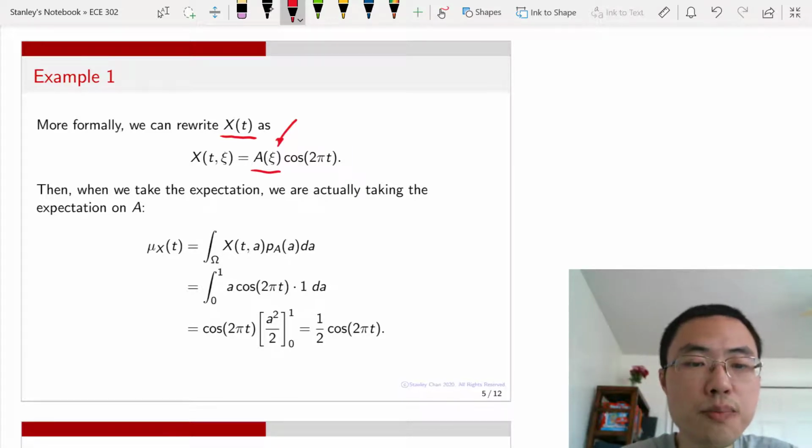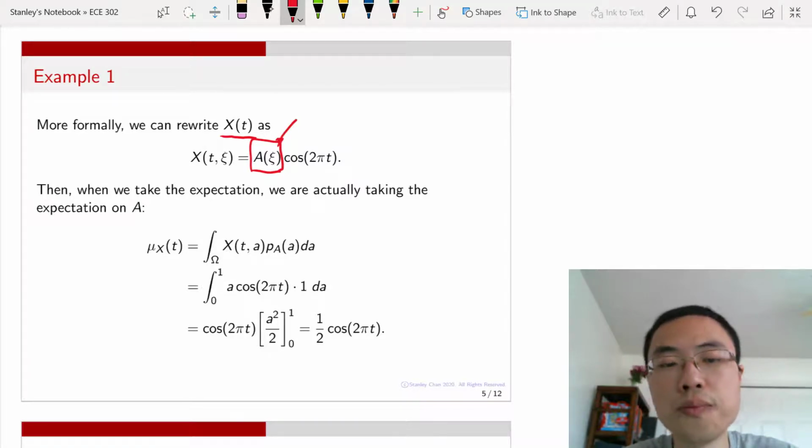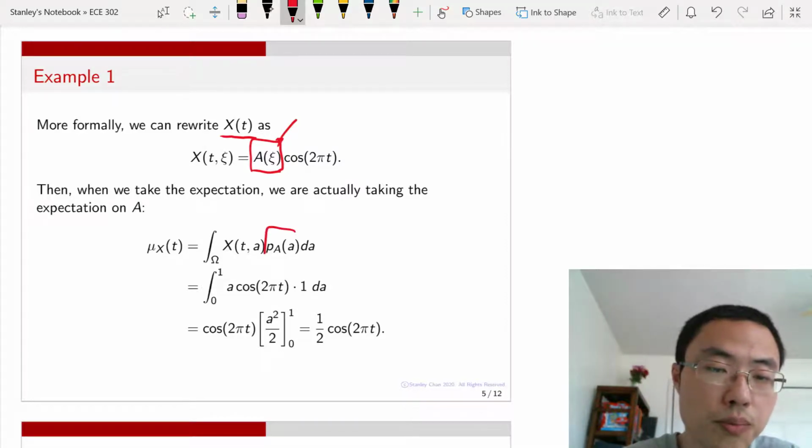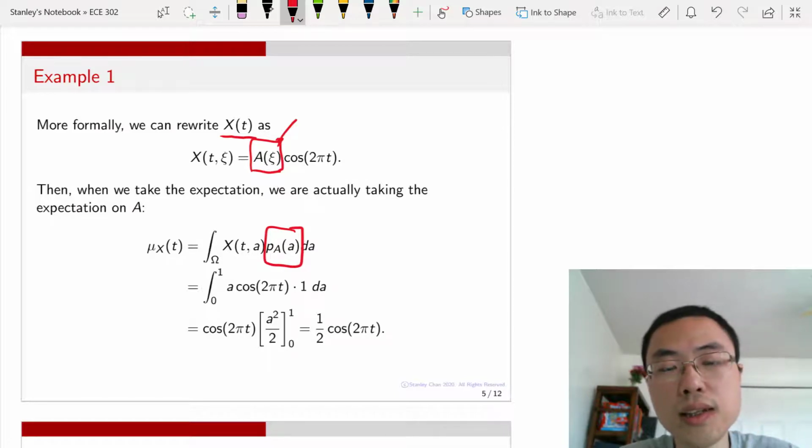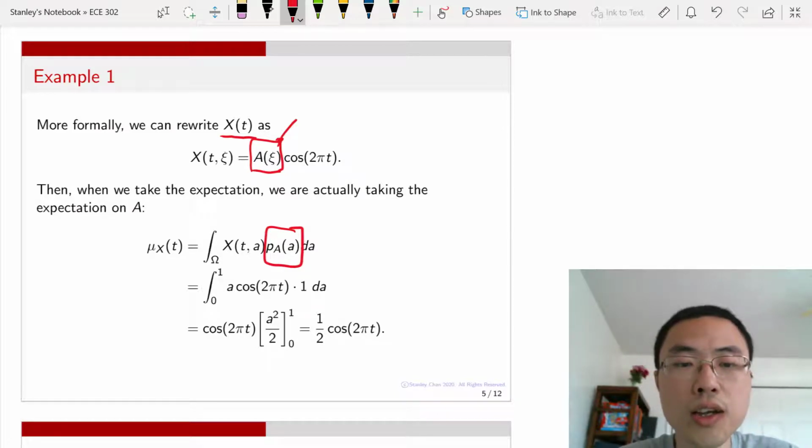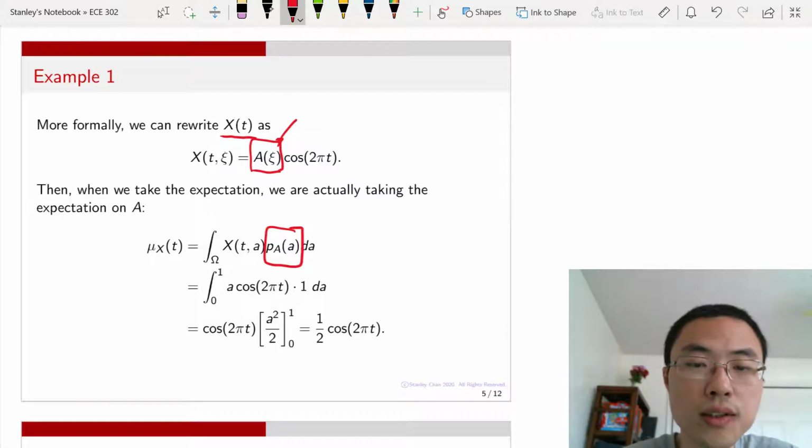And then if you take the expectation, you are taking the expectation over what? You are taking the expectation over the random index. In other words, you're taking the expectation of your amplitude a. And therefore, I have this PDF of a. And what is the PDF of a? The PDF of a is just given by this uniform distribution, right?